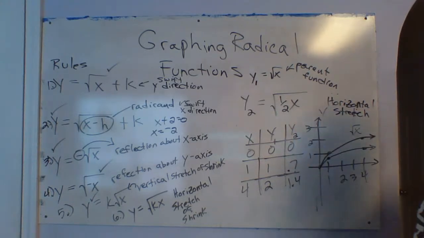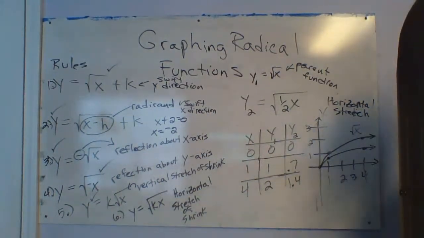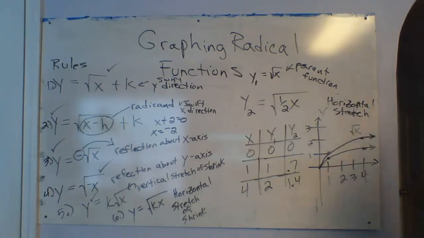So it's a horizontal stretch. So in other words, I got to go out further to get that same height. So that's why it's called a horizontal stretch. All right. So now, only thing we have left is we have to do a combination of the two.